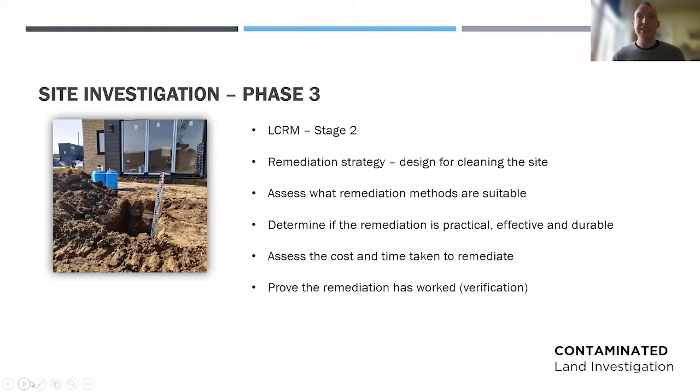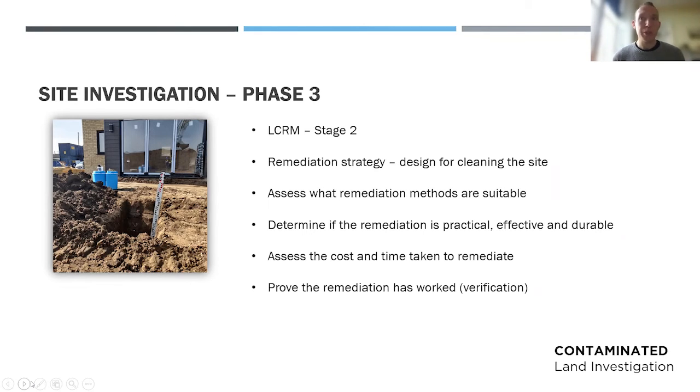There are many ways to clean a site: removing soil to landfill, injecting chemicals which break down hydrocarbons or metal compounds, using concrete or other binders to lock contamination in place, or we can pump contaminated groundwater out of the ground and treat it. The remediation strategy will determine which of those options is the most suitable, practical, effective, and long-lasting, and it also has to be cost-effective.